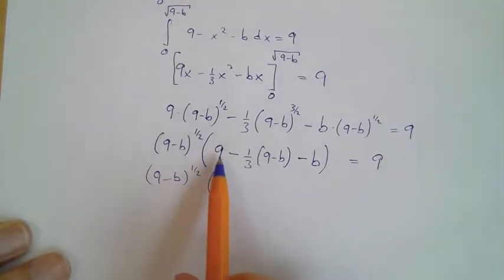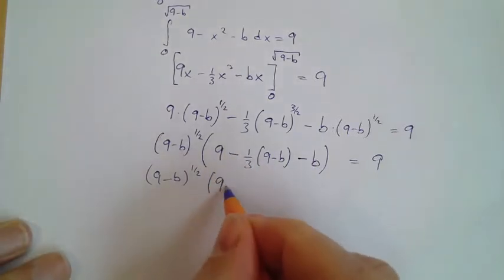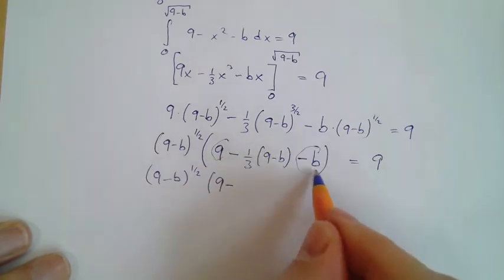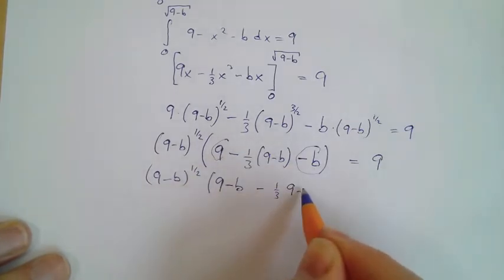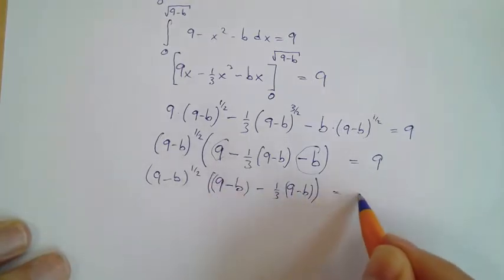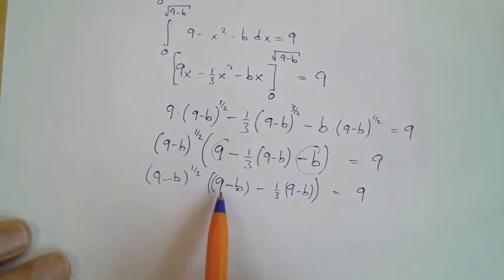Here, notice how we have 9 minus b minus 1/3 9 minus b. I'm just going to rewrite it. 9 minus b minus 1/3 9 minus b. So in effect, we have 1 9 minus b minus 1/3 9 minus b.